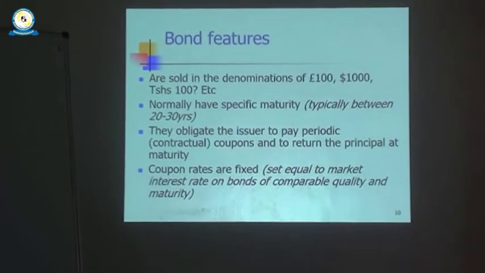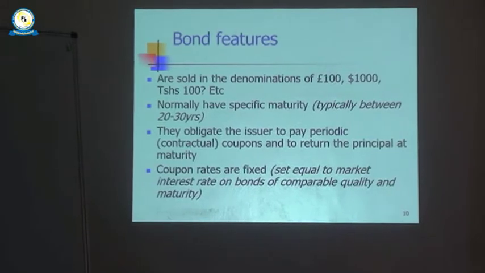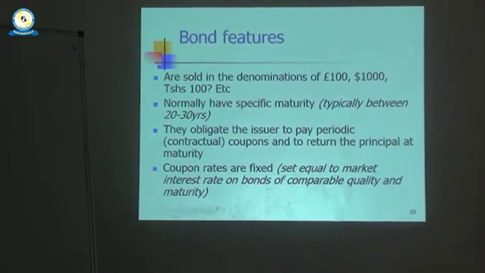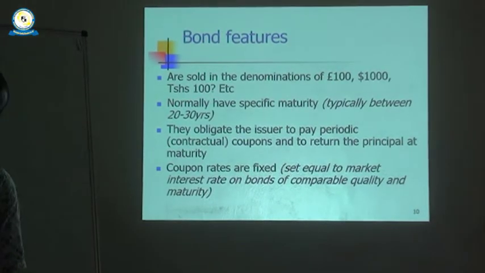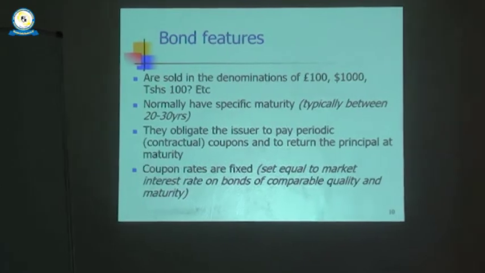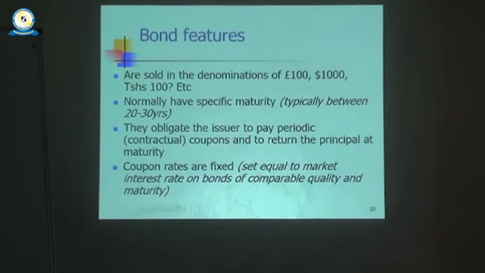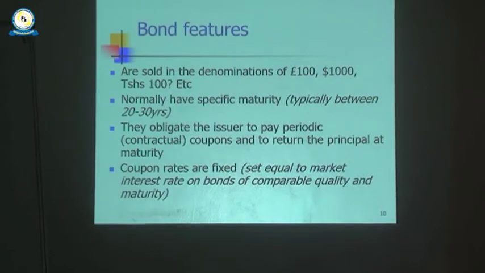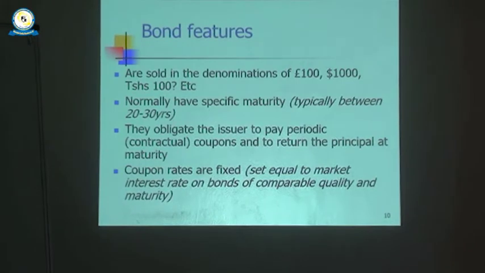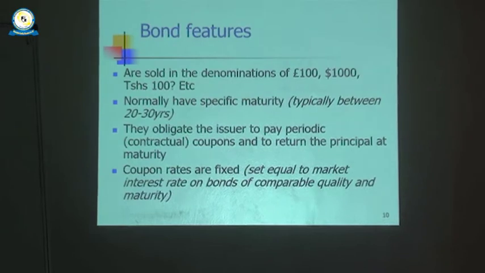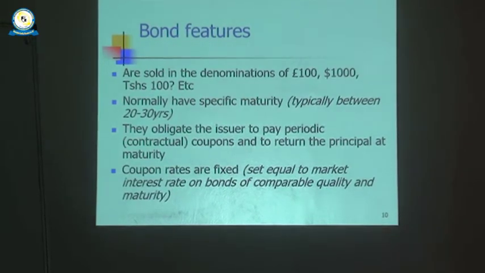Another characteristic is that bonds normally have a specific maturity, typically between 20 and 30 years. You will never find a bond of 2 years. In most cases, bonds mature in 20 to 30 years. Also, there is another characteristic. The bond obliges the issuer to pay periodic contractual coupons, we call it interest, and also to return the principal at the maturity date.